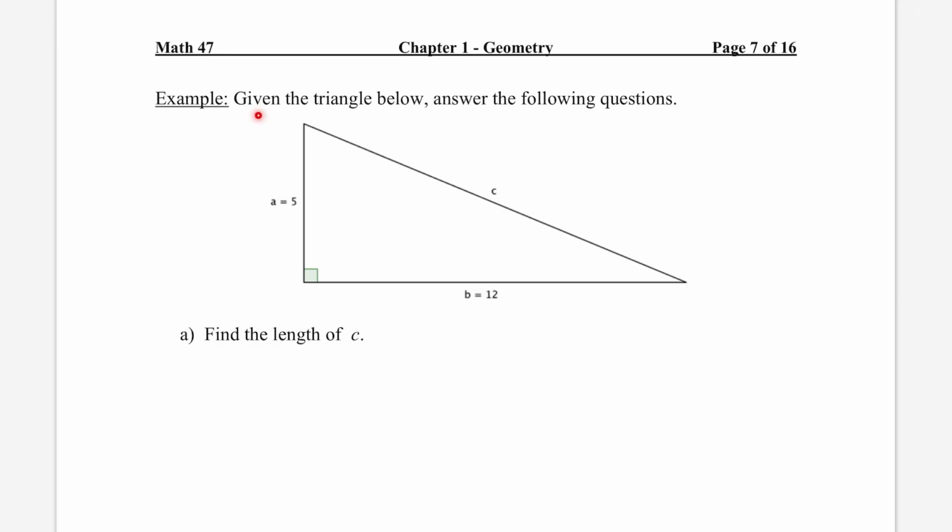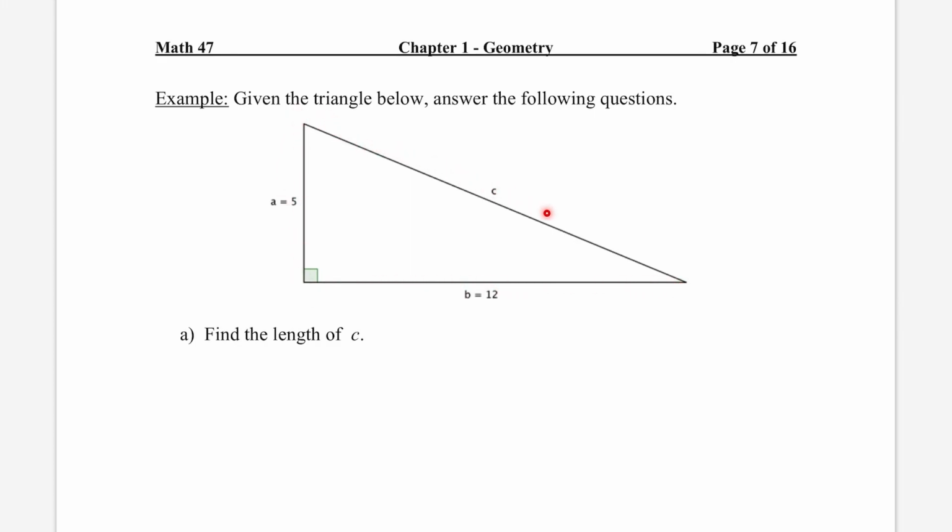Example: given the triangle below, answer the following questions. A, find the length of C. I'm given a right triangle. My leg 1 is A, which is 5. Leg 2 is B, which is 12. The hypotenuse is C. They want me to find the measurement of C. So this is a right triangle, and I'm given the two legs.